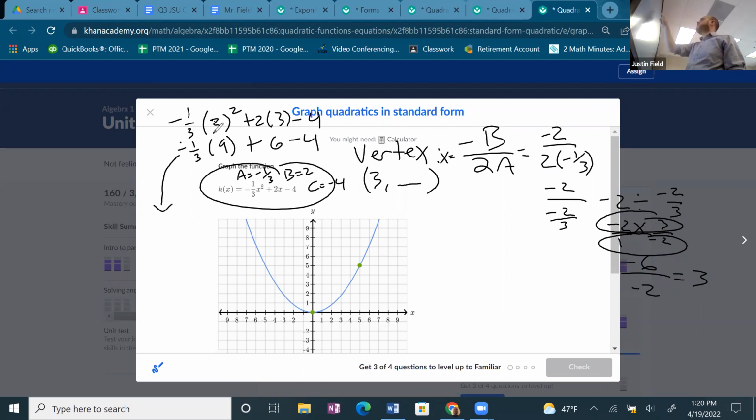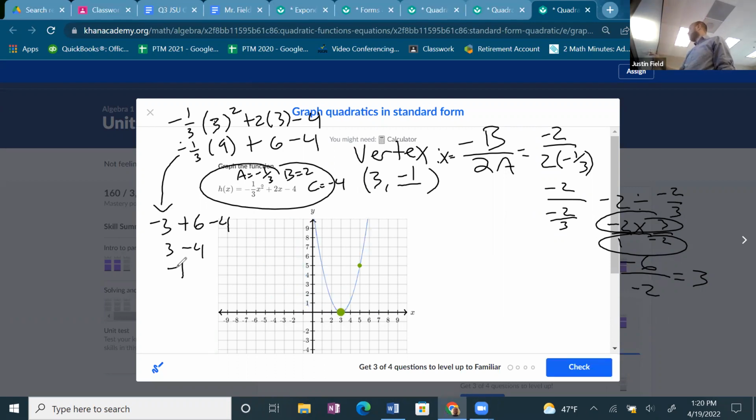Negative 1/3 times 9 is negative 9 over 3, or negative 3. Negative 3 plus 6 is 3, minus 4 is negative 1. So the y coordinate is negative 1. Let's go ahead and go to 3, negative 1, right there. Now we just need another point on the other side.